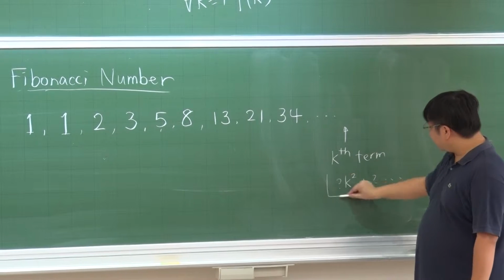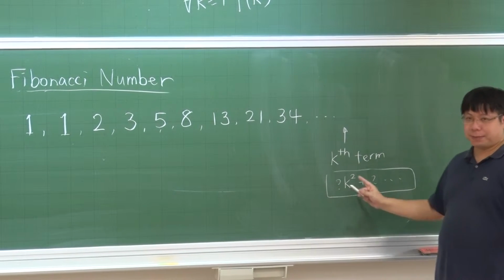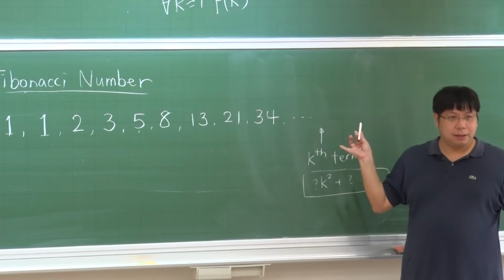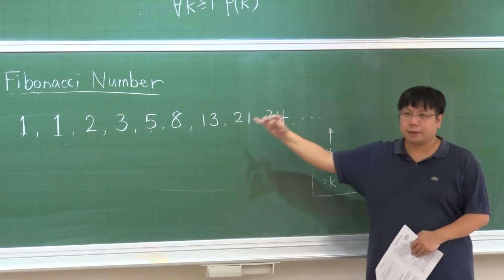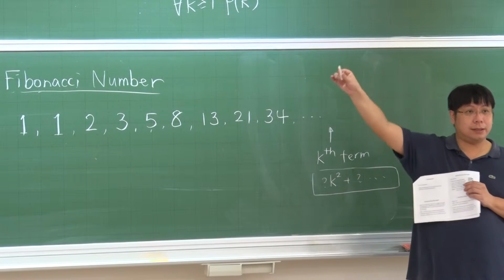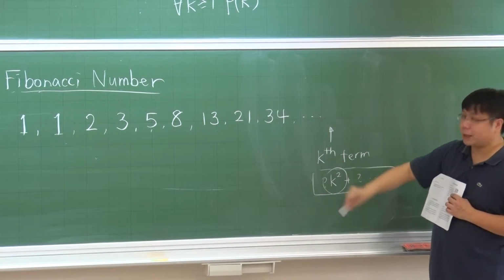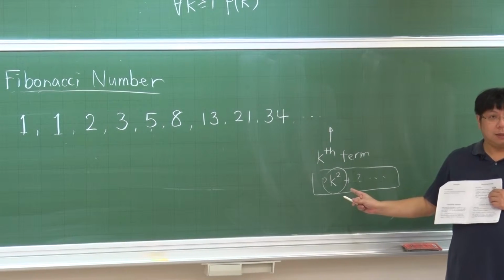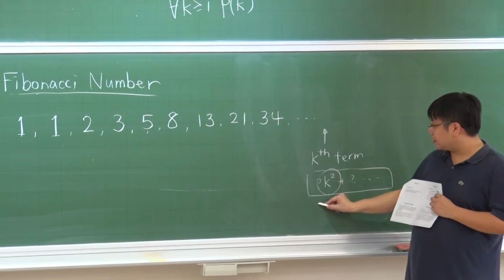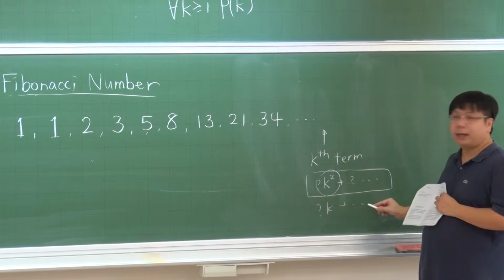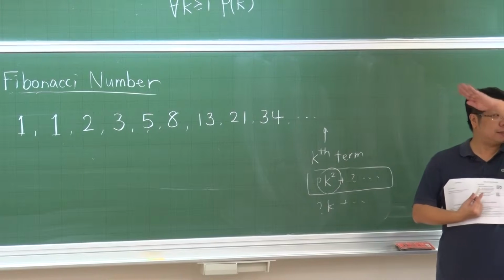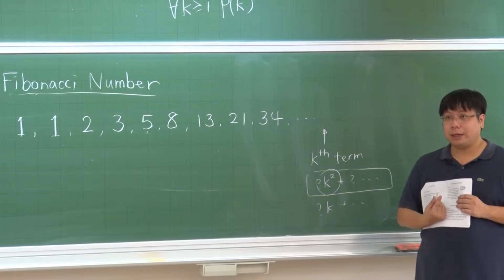If it is of a form like this, then we are saying that this sequence of numbers is growing quadratically because of the k squared. On the other hand, if this looks like some number times k plus something, then we call it linear growth, so it is growing linearly.